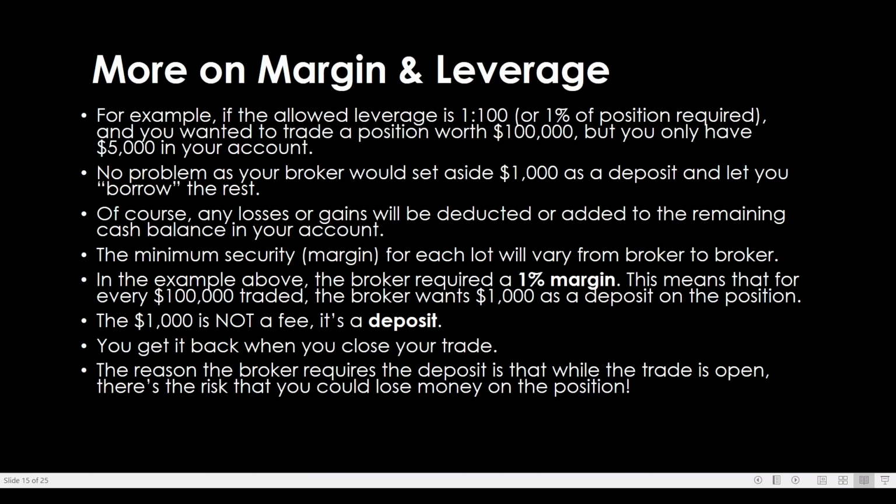Let's set aside $1,000 as a deposit, our good faith deposit, and let you borrow the rest. Do you see? They asked for 1%, which would be 1% of the amount of money that you want to be controlling in your position. Now you get to enjoy the benefits of trading or making money as if you were trading $100,000, although in your account you only have $5,000.